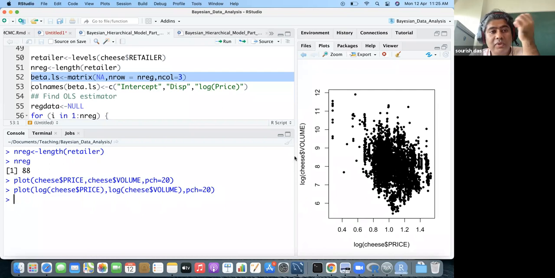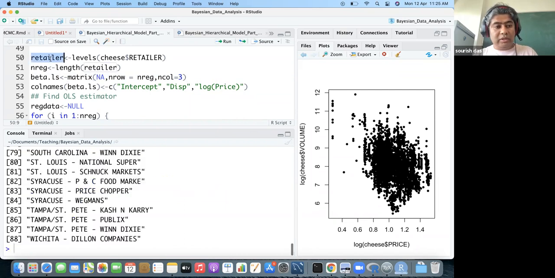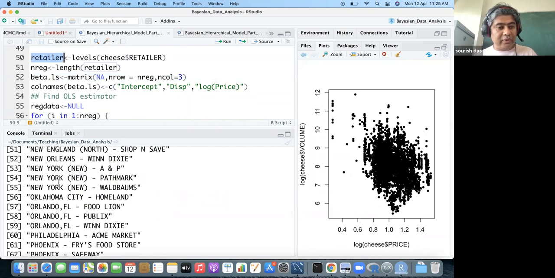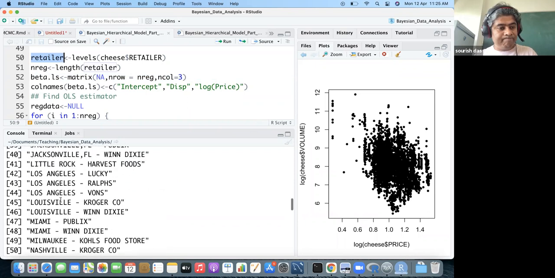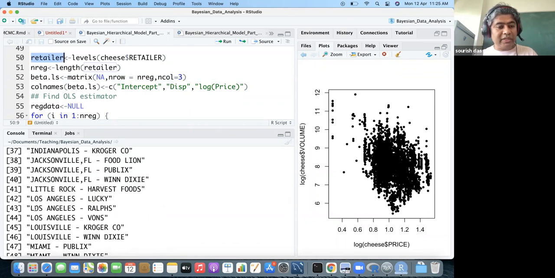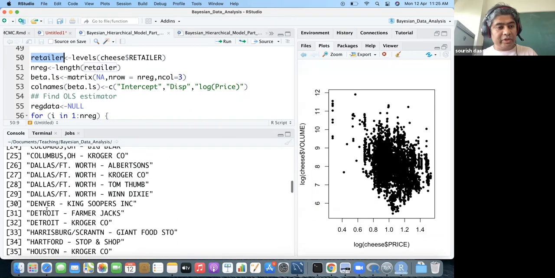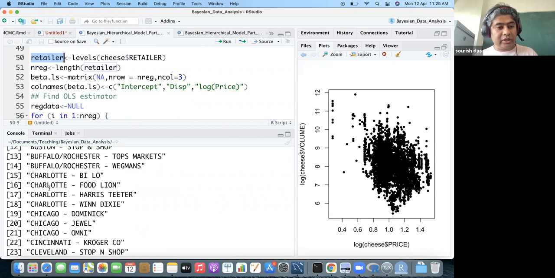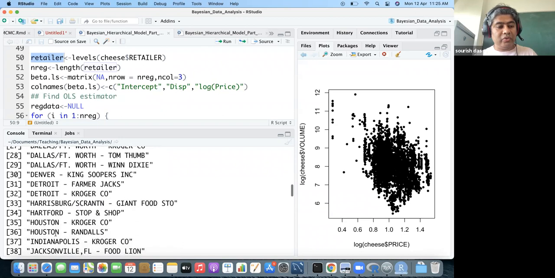But what is important, we will see that if you just take, say, any two companies, which are a bit far apart, maybe one could be a big place like Los Angeles, another could be a small place like Charlotte, North Carolina, maybe Harris Teeter, a comparatively small city than Los Angeles or Houston.